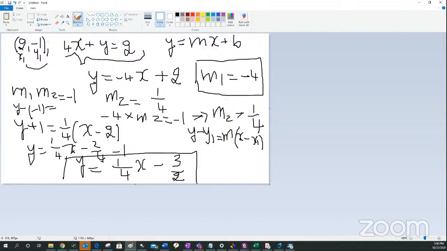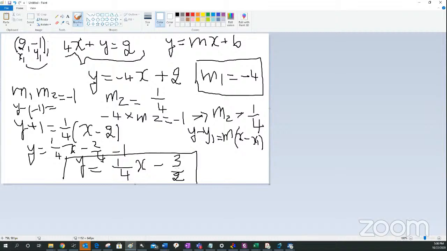So y equals 1/4 x, negative 2 over 4, negative 1. That will give you negative 6 over 4, and that's also 3 over 2. You got it? You want me to break that one down? Yeah, I got it. I got the answer now.